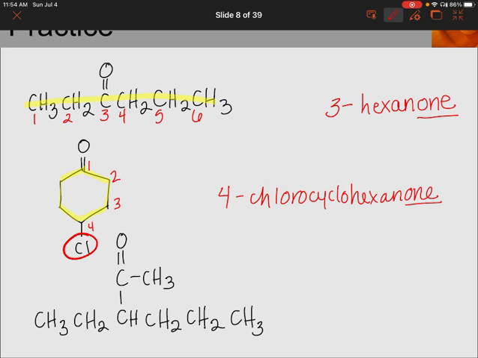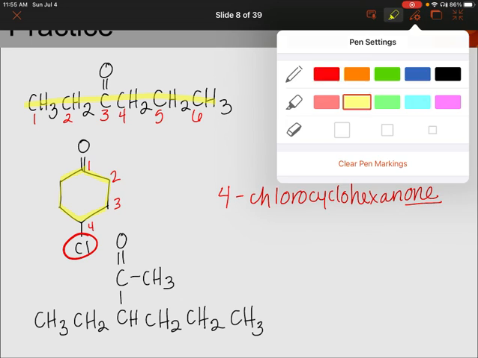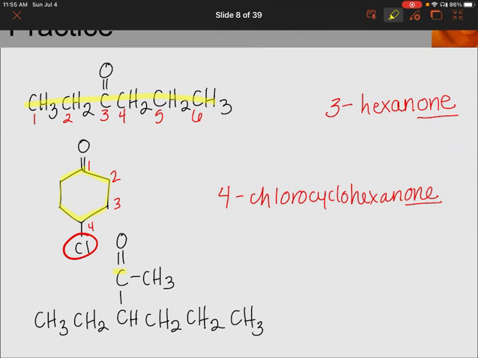Now for the last example, we need to find the longest carbon chain that contains the carbonyl group. So we have to make sure to include this carbon here. That means we're also automatically including the methyl group to the right and the carbon down below. Okay, so now we have to decide what is the longest chain.